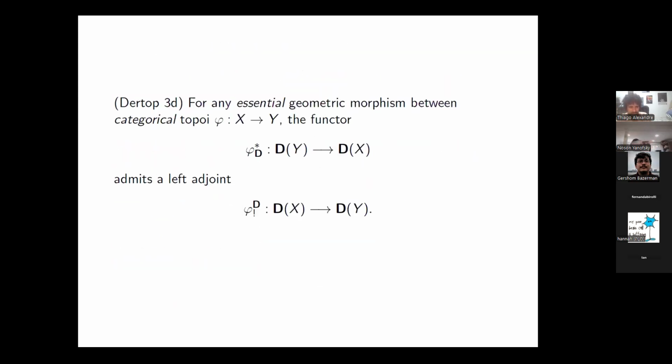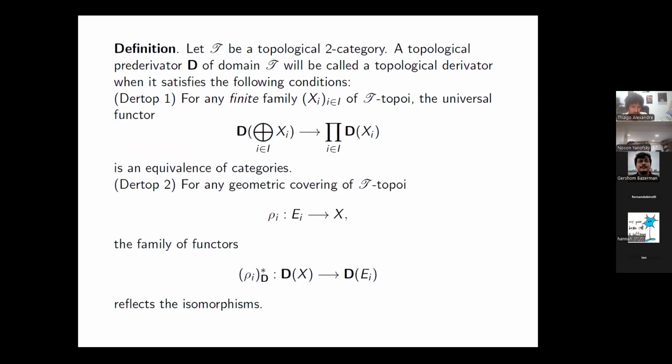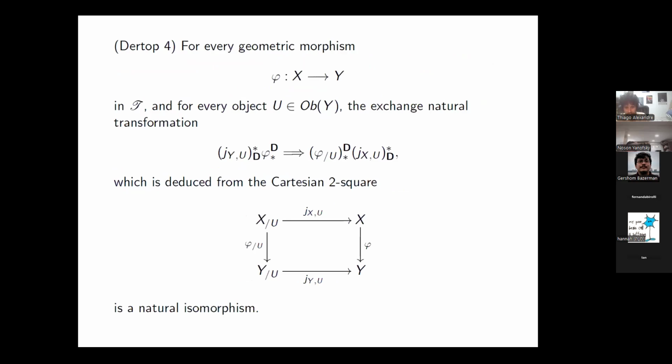Let me go back to the axioms. So except for this one, Der Top 2, all the other axioms are satisfied when we take the topological prederivator of A-valued sheaves, for A a locally presentable category, not only locally finitely presentable.